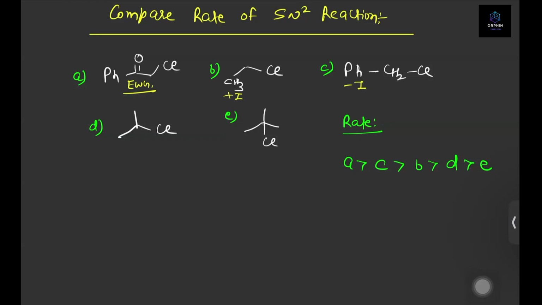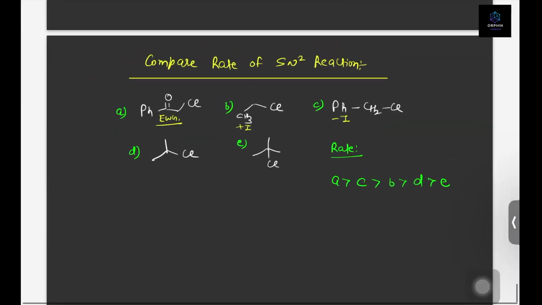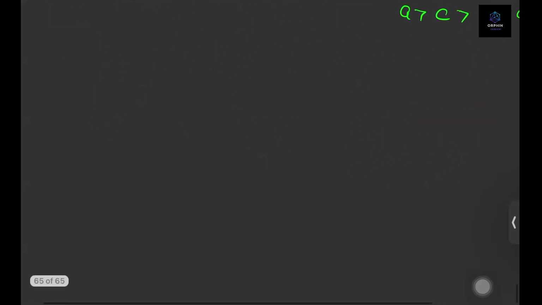So which is more stable? C is more stable. In the case of C, the transition state is more stable. Because of that, the rate will be like that. Okay, C is higher than B. Got it?